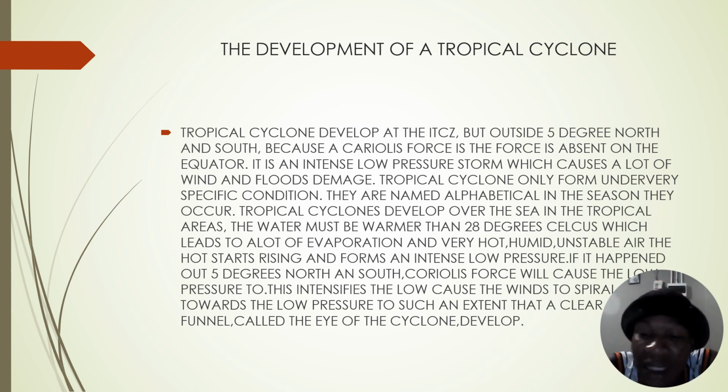What is this ITCZ? It is the Intertropical Convergence Zone where the tropical cyclone develops, as we read earlier in the introduction of the topic, but outside 5 degrees north and south, because the Coriolis force is absent at the equator.